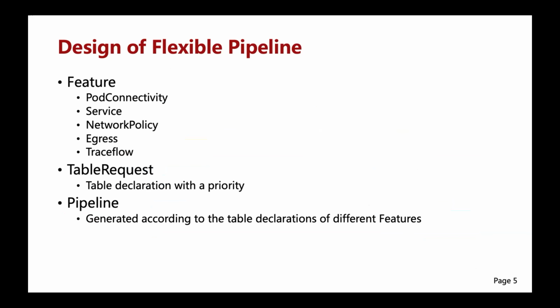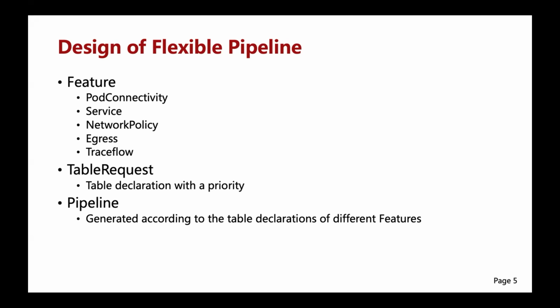Feature port connectivity is responsible for the network connection between ports. Feature service is responsible for service implementation. In Antrea, feature network policy is responsible for network policy, and Antrea network policy is implemented by Antrea. Others are like egress and trace flow.